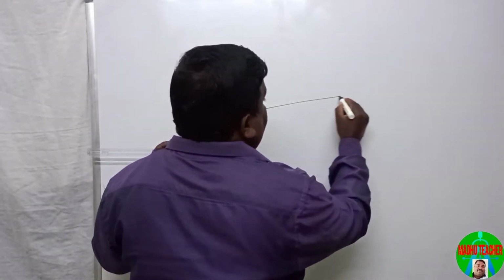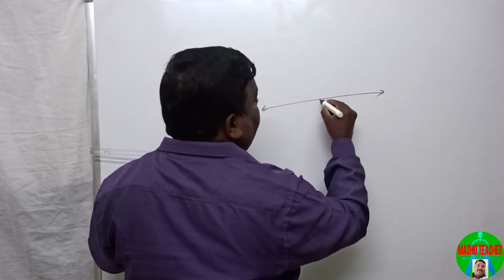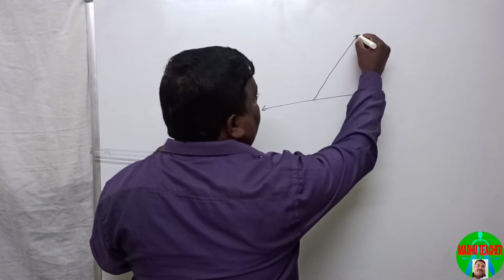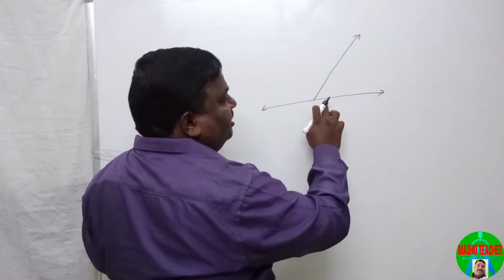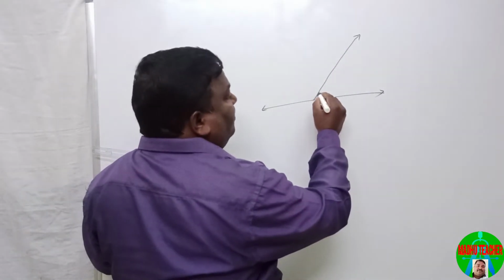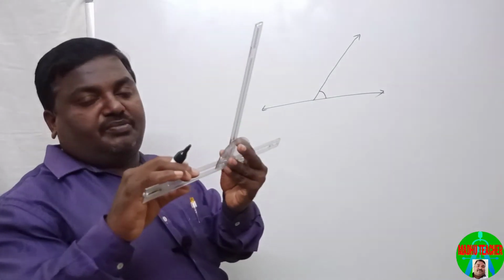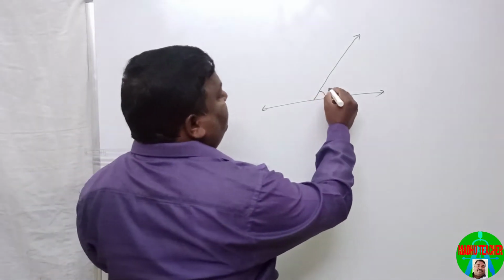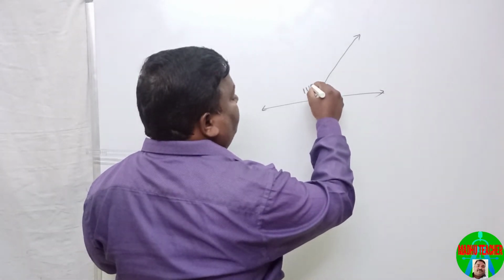It is a straight line and there is another ray. On this straight line there stands a ray. They form two angles. In this one we measured 70 degrees. Another one we got 110 degrees.